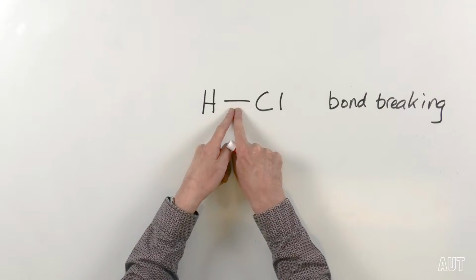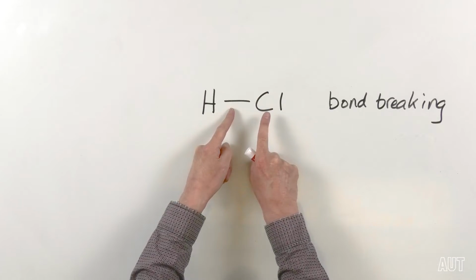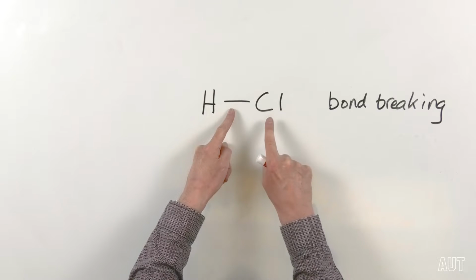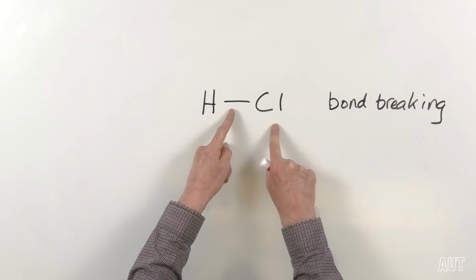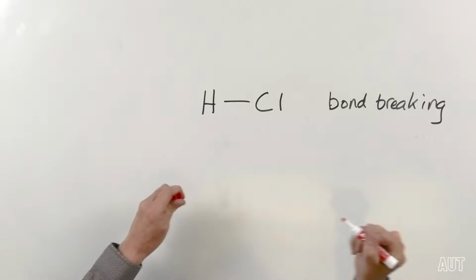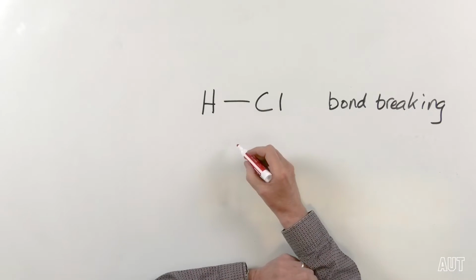So we're going to break this bond, and in breaking this bond, we're going to take this pair of electrons and give that pair of electrons to the chlorine atom, to form chloride.